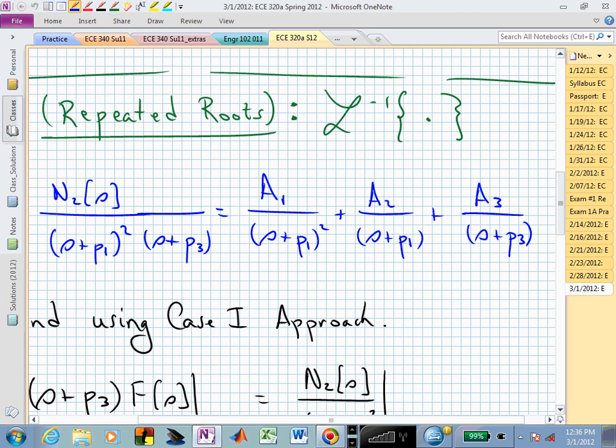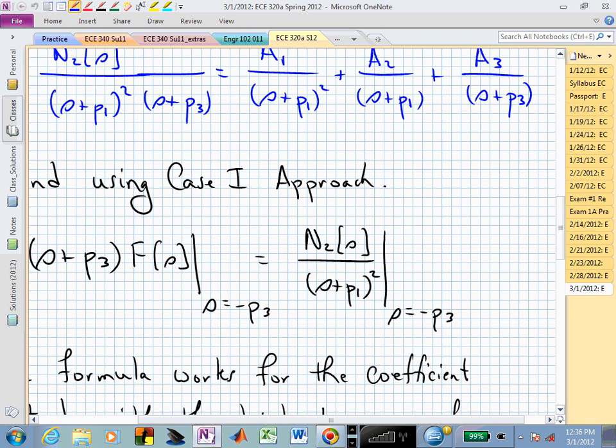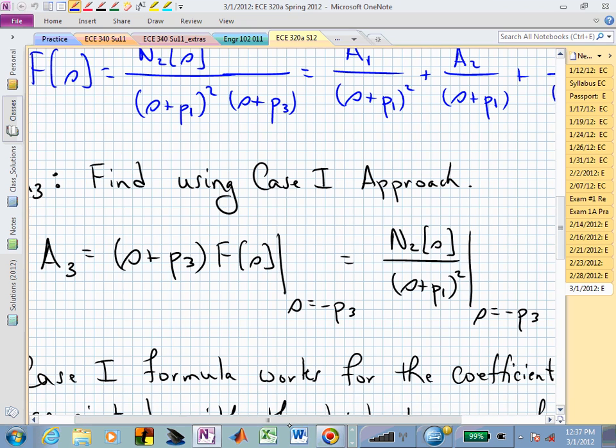And the case 1 approach is you multiply both sides through by the factor in the denominator, and then evaluate both sides at the value of s where that expression would vanish or disappear. And that's what I've done here for this particular example.